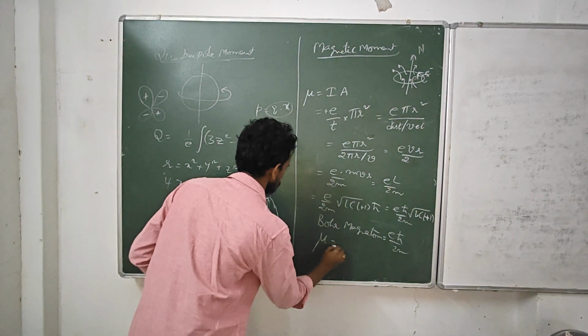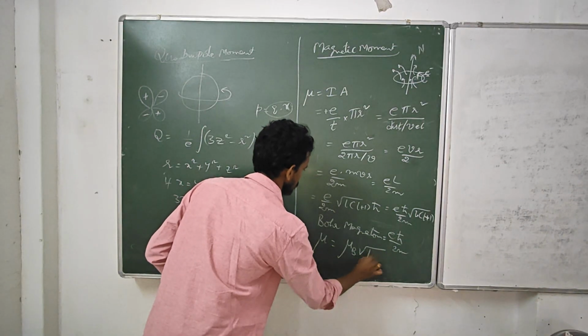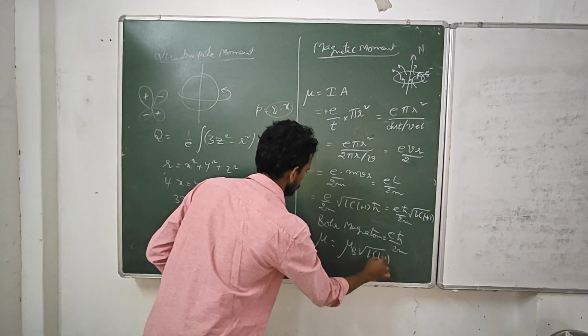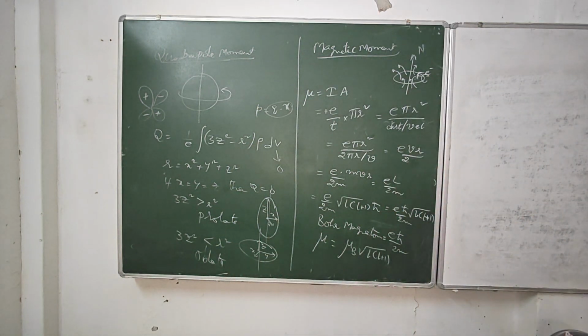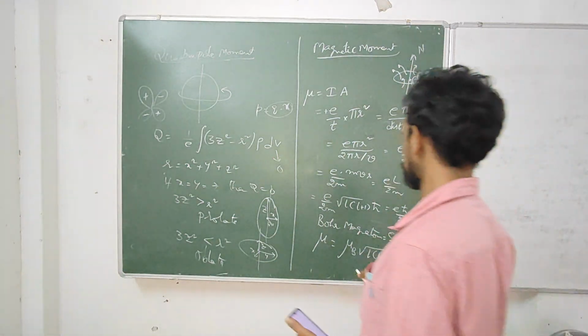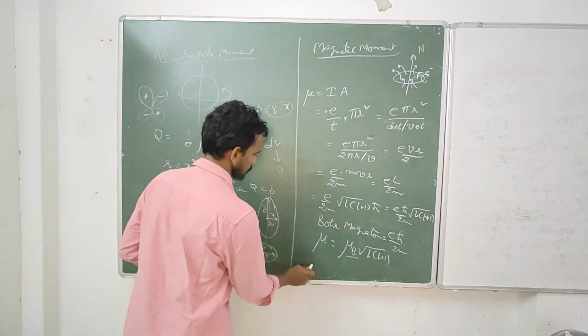So I can write it as mu is equal to mu b times square root of L into L plus 1. So this mu b is the Bohr magneton defined for the electron.